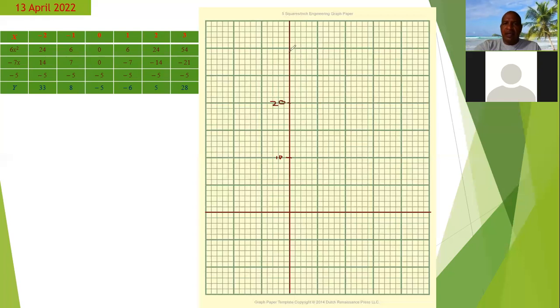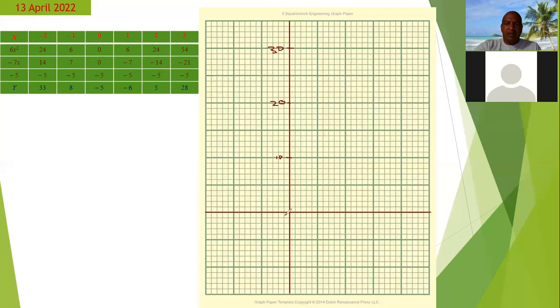And then we're using another 2 centimeters, which would give us 30. And our value goes all the way up to 33. So this would be okay in terms of our scale.